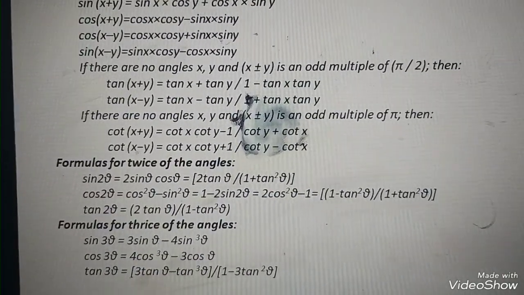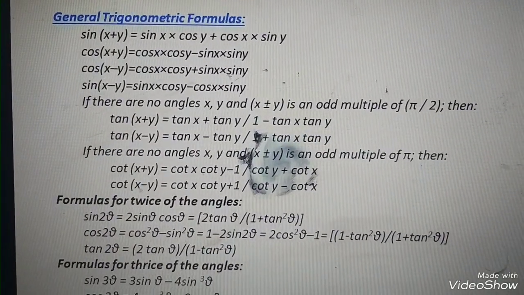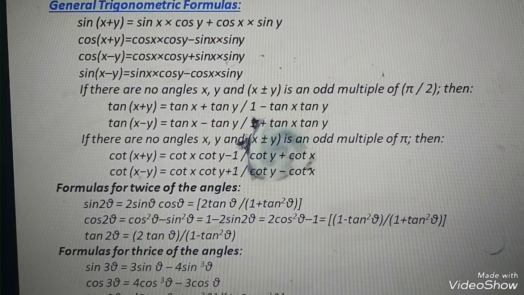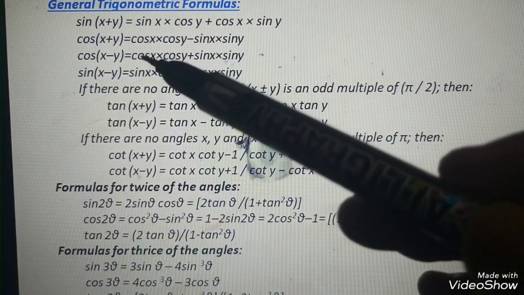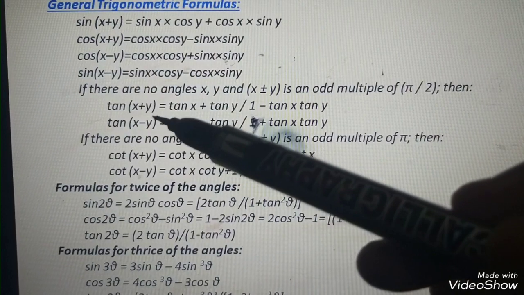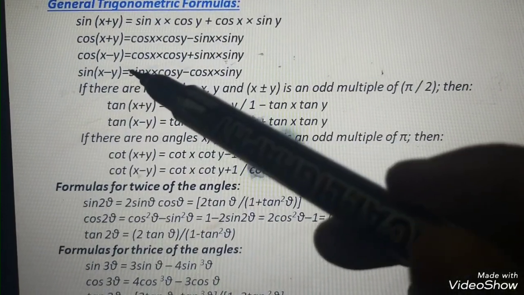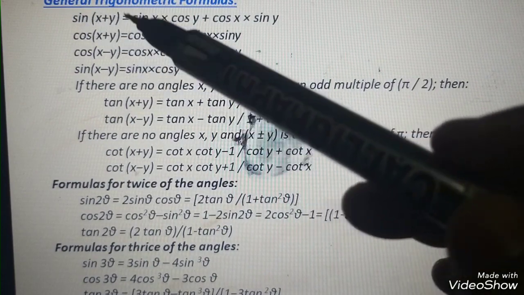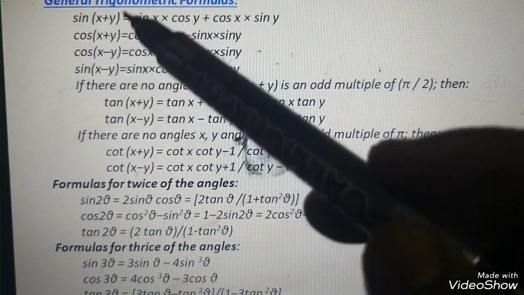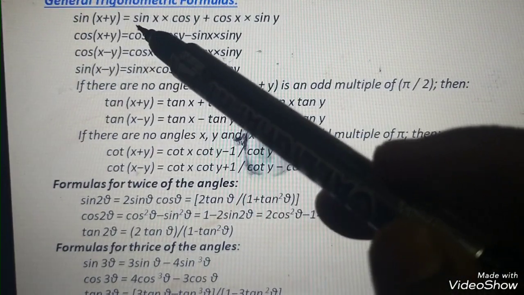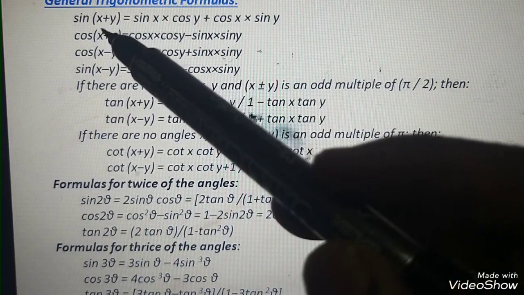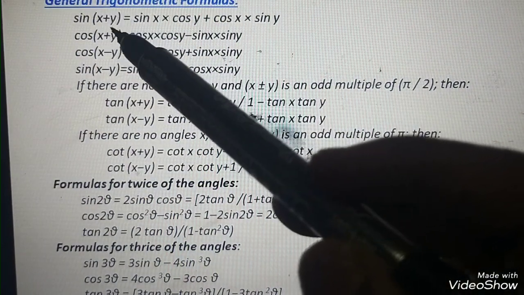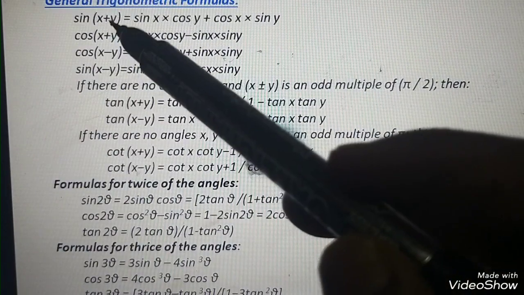Now the next one is general trigonometric formulas. Sin x plus sin y, cos x plus cos y, I have already shown you, those are separated ratios, but these are in brackets. Sin(x plus y) means we have to expand this: sin x cos y plus cos x sin y.